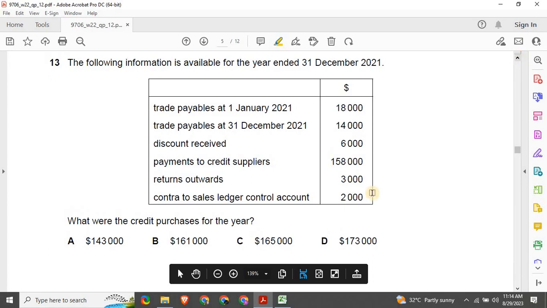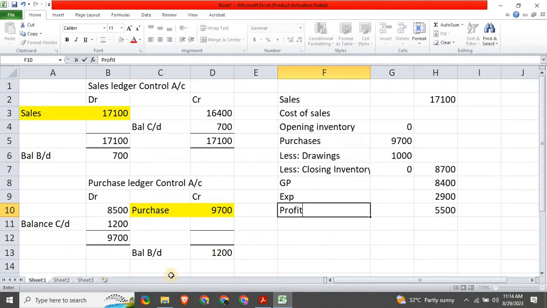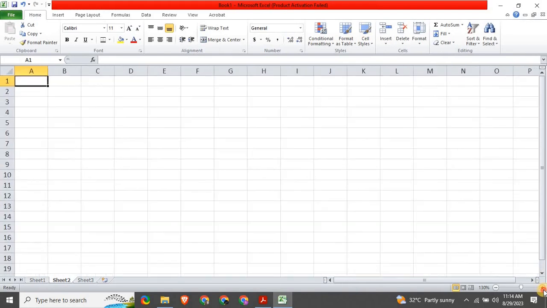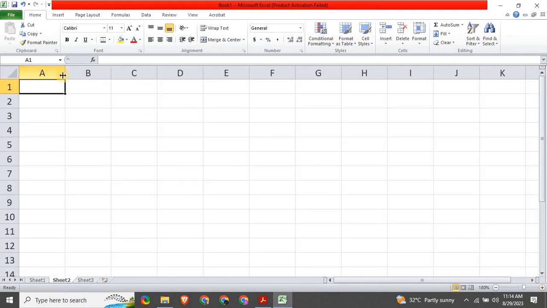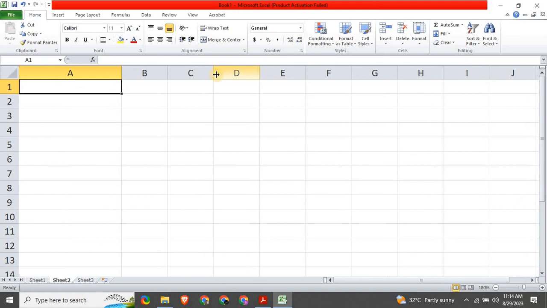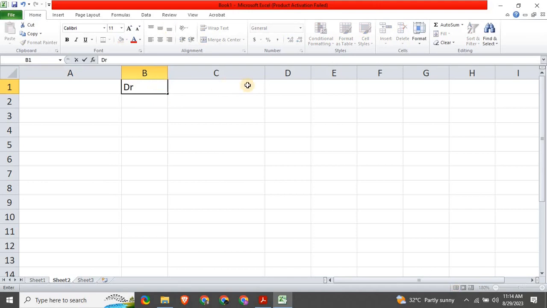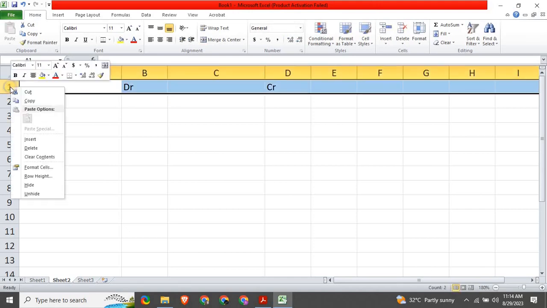Now in order to find out this, we need to prepare the control account again. Now this is for the credit purchase, so we need to prepare the purchase ledger control account. I'll not write down all the details here. This is your debit side, this is your credit side.